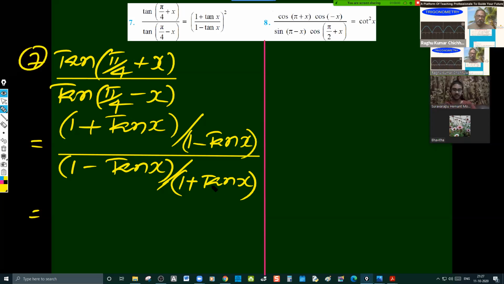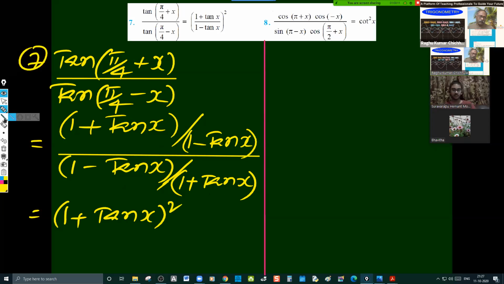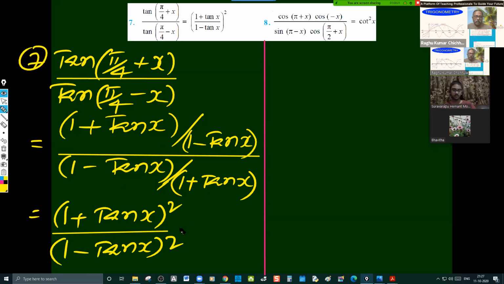Now find the reciprocal of it, just to check: 1 plus tan x whole square divided by 1 minus tan x whole square. Okay? It's proved. Yes, sir.